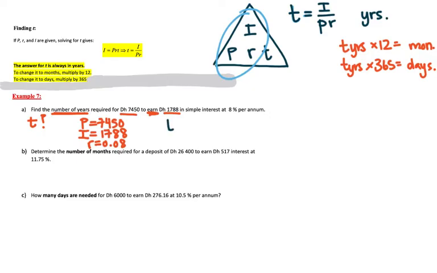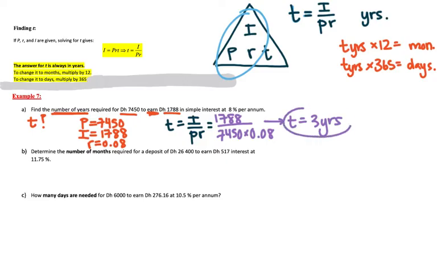We'll use this equation, T equals I over PR. So we plug in and we say 1,788 divided by 7,450 times 0.08. That's going to give us a T equal to 3 years. And they asked for years, so we're finished.